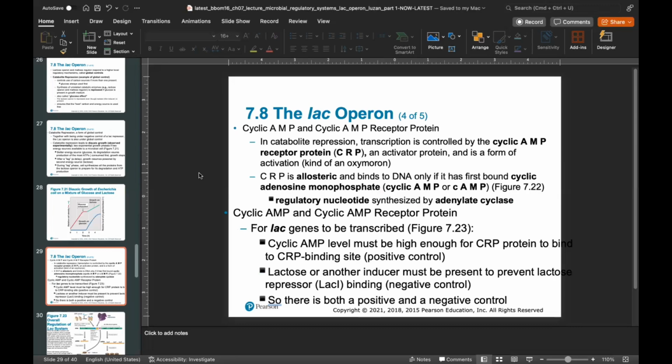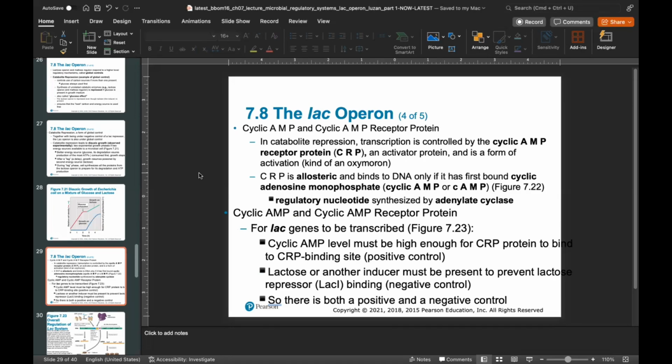CRP is allosteric, and it binds to DNA only if it has first bound cyclic adenosine monophosphate, or cyclic AMP or cAMP, the regulatory nucleotide synthesized by adenylate cyclase.